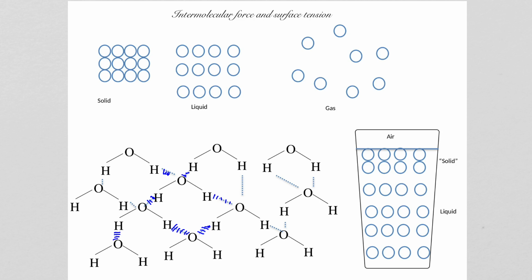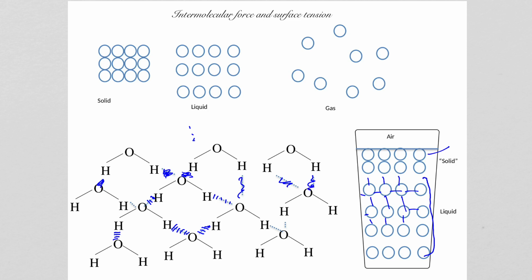All the water molecules at the bottom, below the surface, are hydrogen bonding to one another everywhere, up, down, side, and so on. However, the ones on the surface don't have any hydrogen bonding above. They only have downwards.